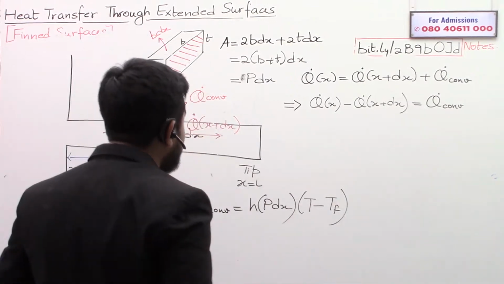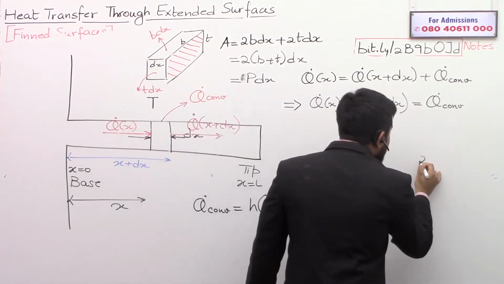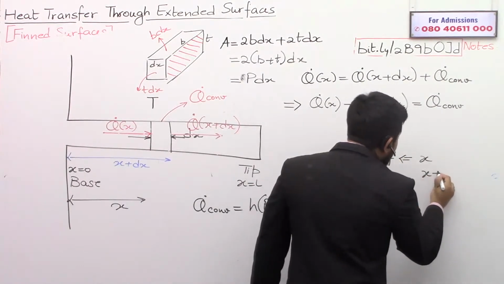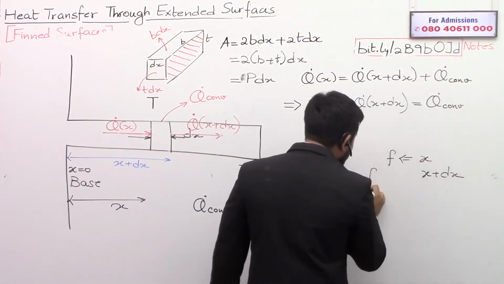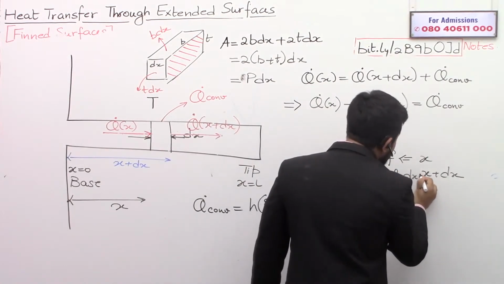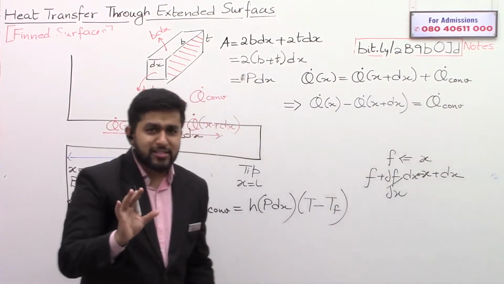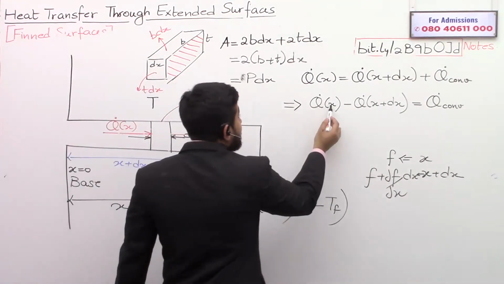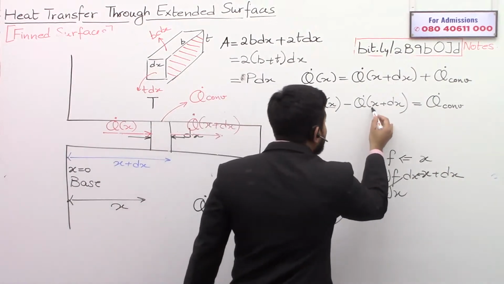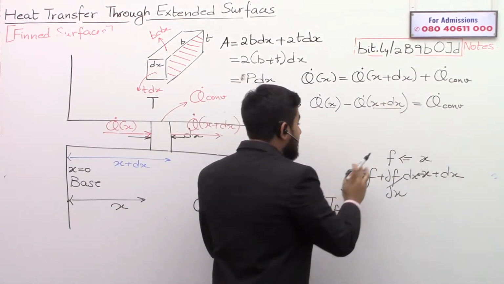Try to remember the Taylor series. When the variable is x, the function will be f. And when the variable is x plus dx, the function will be f plus del f by del x dx. I hope you remember this. Taylor series expansion. Similarly, when the variable is x, the function is q dot. What will be the function when the variable is x plus dx?